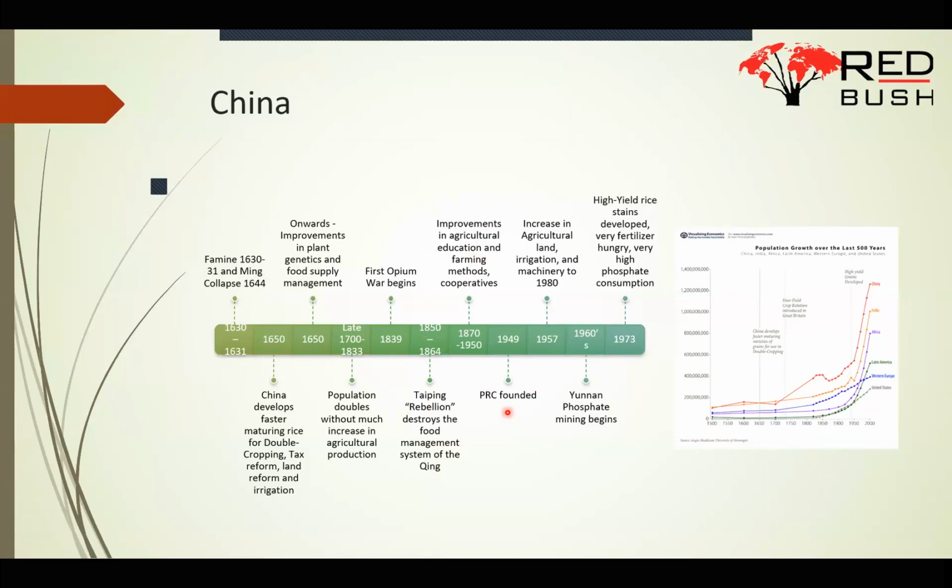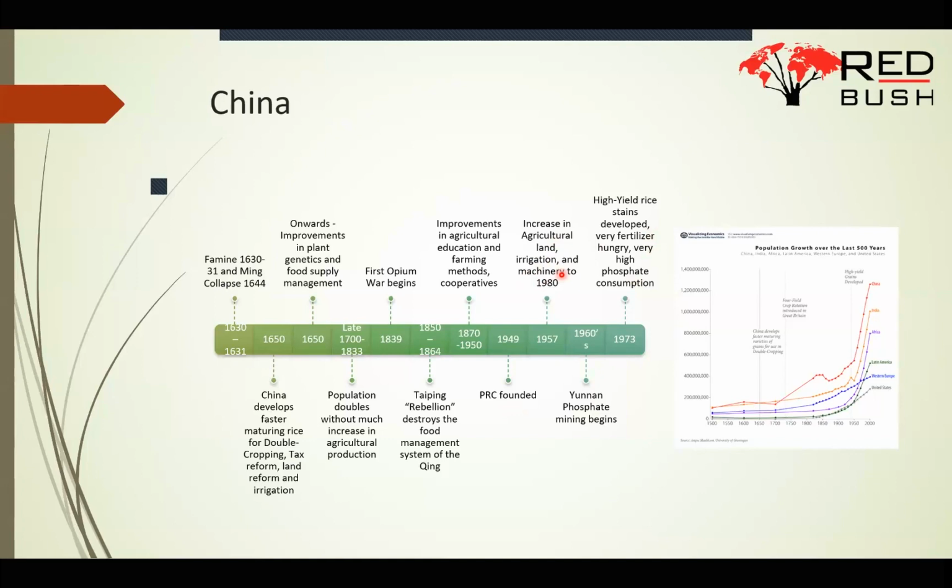There's a massive increase in agricultural land that's brought into production, irrigation, machinery, mechanization in 1980. This up in 1957. And then obviously with improved rice yields, more agricultural land, they need fertilizer. So the Yunnan phosphate deposits now start being mined in China. And they're still the primary supplier in China.